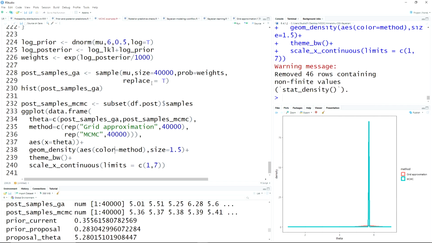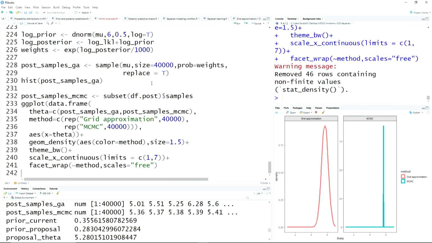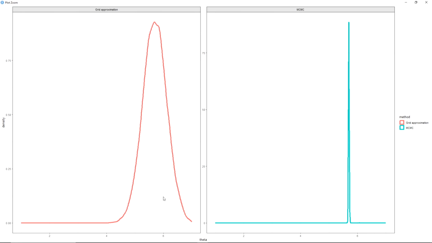What we can do instead, rather than having color for method, is use facet wrap as well. Okay, so this looks quite off in the sense that we are getting a very wide posterior here, but that could be due to the constant that we use to divide the log posterior density, right? So you can figure out a better way to deal with this.